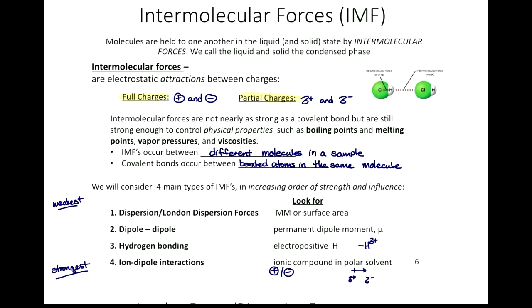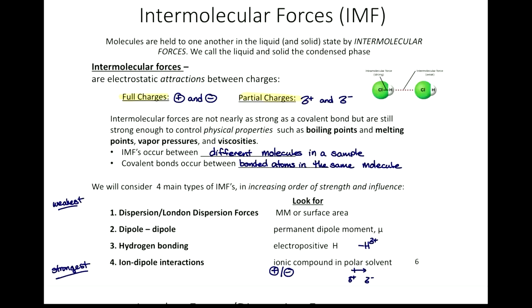There's kind of two ways that we can get charges to be attracted to one another. We've already talked about full-blown ionic charges like sodium chloride, that's a +1 and a -1. So we can have full charges being attracted towards one another. We already talked about that in terms of lattice energy, forming ionic compounds.